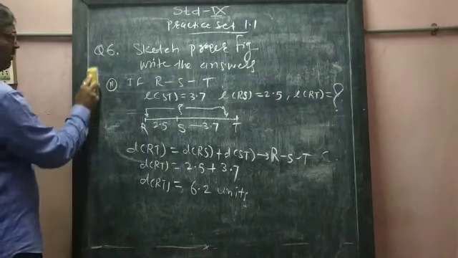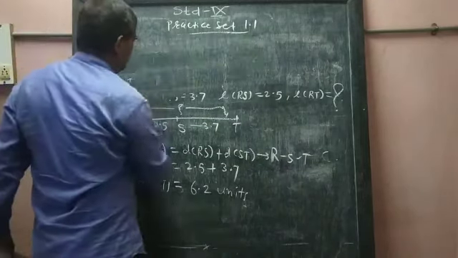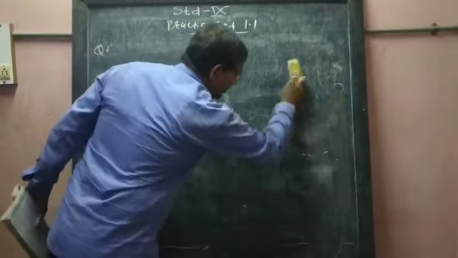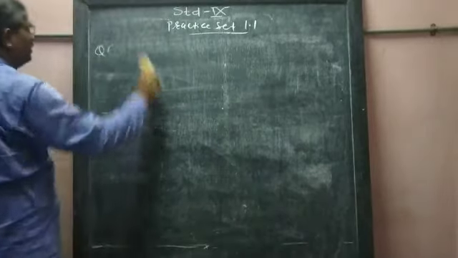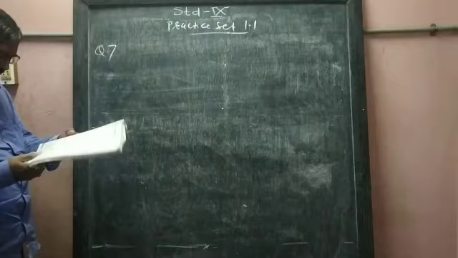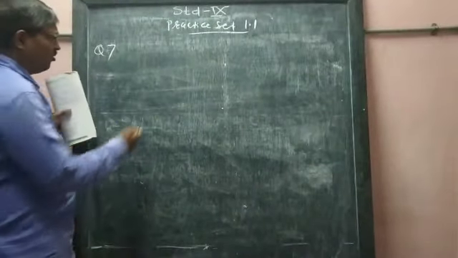The third question is given here as homework, and we are going to the last question. In question number 7, read the last question. It is asked which figure is formed by 3 non-collinear points.